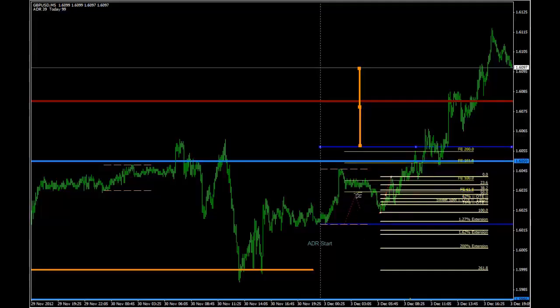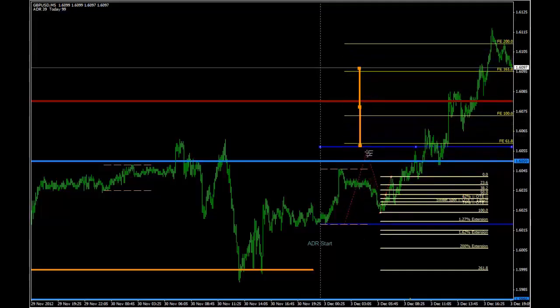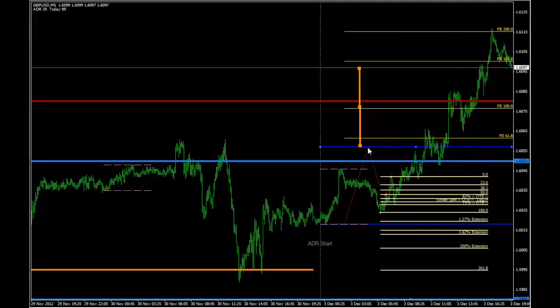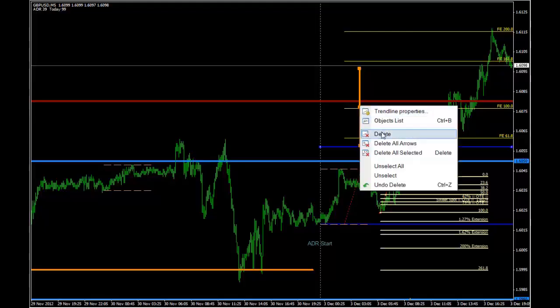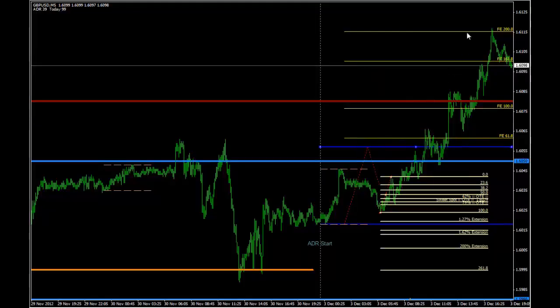We're going to pull the Fibonacci expansion tool up using the average daily range itself. And let's get this off here because it may not be bothering you, but man, is it bothering me. The 200 expansion right here, nailing the high of the day. So you can see how these concepts blend.